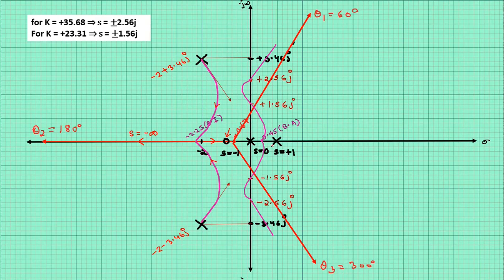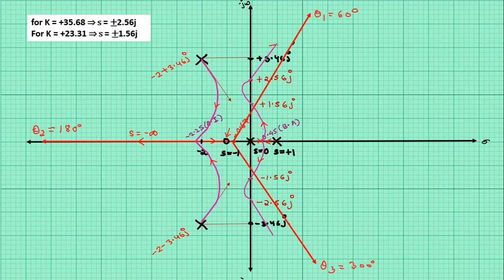So from these two poles, two branches will come towards this break-in point like this, and they will divide into two different branches. Okay, so one of the branches will cut at plus 1.56j, and then it will again cut at plus 2.56j and move along this asymptote of angle theta 1 equal to 60 degrees.